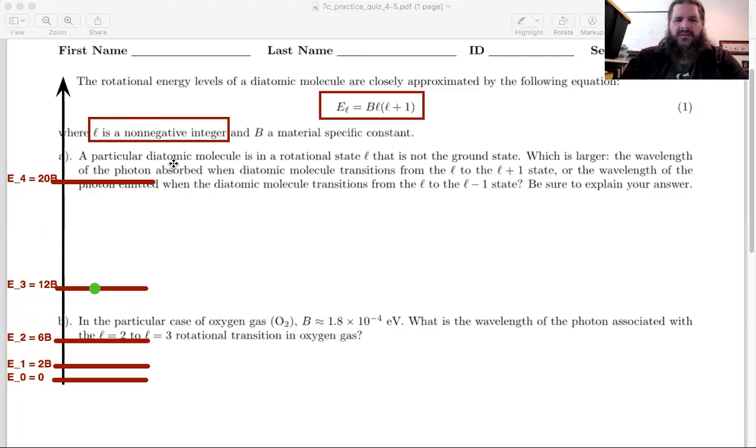And we can consider the possibilities of a photon absorbed for it to transition up to the next state, L plus 1, or the wavelength of a photon emitted when it transitions to the next state down from L to L minus 1. And just from the diagram we've just drawn, what do you notice about the transition up to the next energy state versus the transition down to the next energy state? What's different about those?